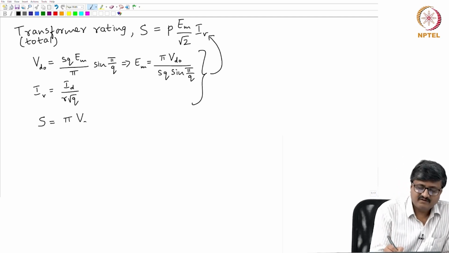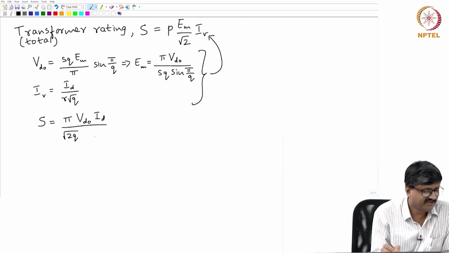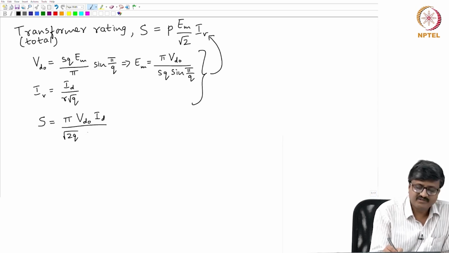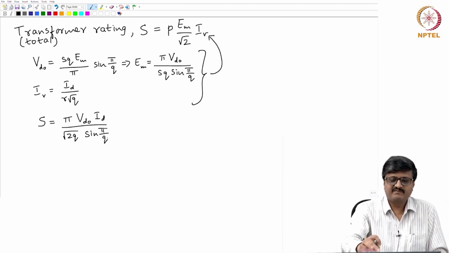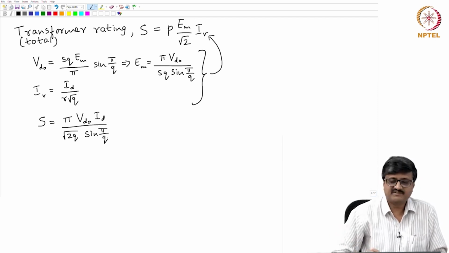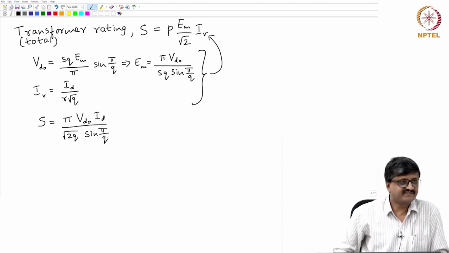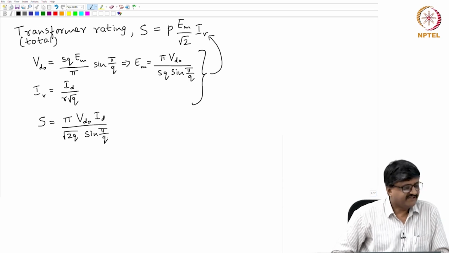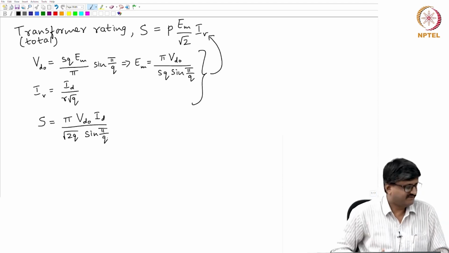So, it is pi VDO ID divided by under root 2 Q sin pi by Q. Of course, I have used the equation P equal to QRS, that is why P is not coming here. So, P is replaced by QRS and there will be some cancellation. So, this is the expression that I get for S: pi VDO ID by under root 2 Q sin pi by Q. It is easy to verify, you can do that.